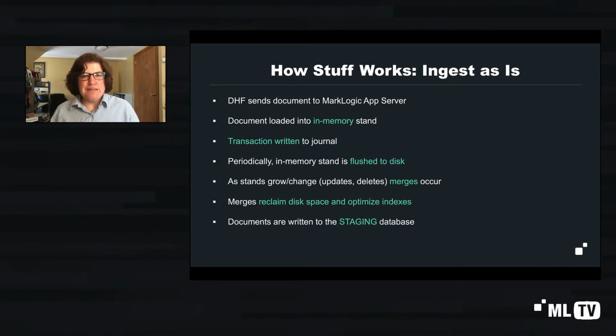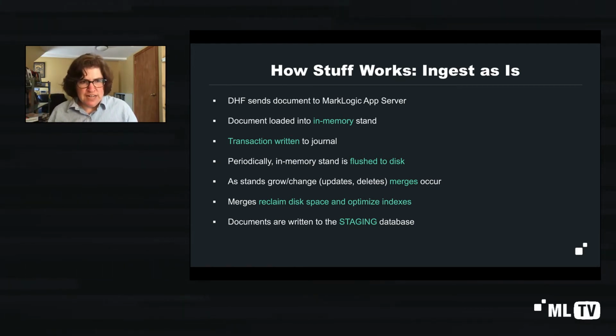And so the in-memory stand is a special stand that every forest has, where the content is basically stored in memory. And at the same time, when a document is inserted into the in-memory stand, a transaction is written to a journal. We are an ACID database, so if you lose that in-flight transaction, we want to be able to replay it so that if your system goes down, we don't lose the in-flight transaction. Periodically, you'll see the in-memory stand get flushed to disk.